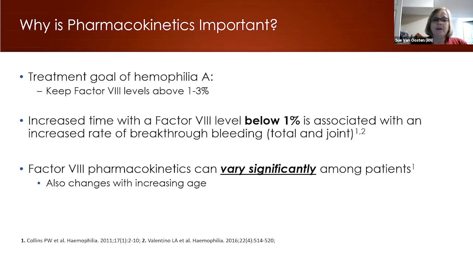And it can vary significantly amongst patients, even with age changes. So you could do a pharmacokinetic profile on a young child and get them on a really great program, and then they turn 18 or 19 and come over to us, and we may need to do that again because the way that the factor is metabolized in the body can change from the time they're a little child to the time they're an adult.